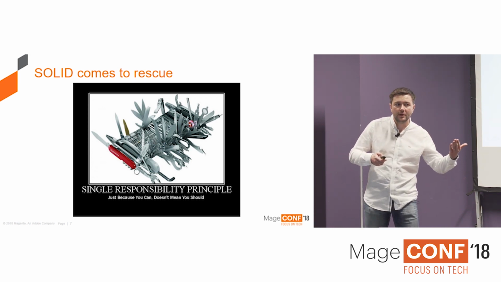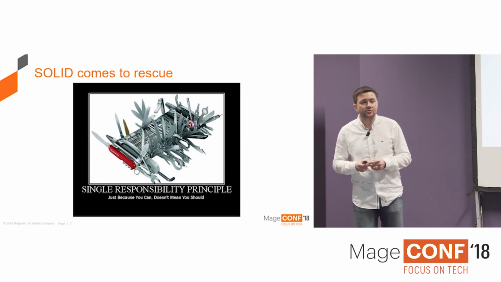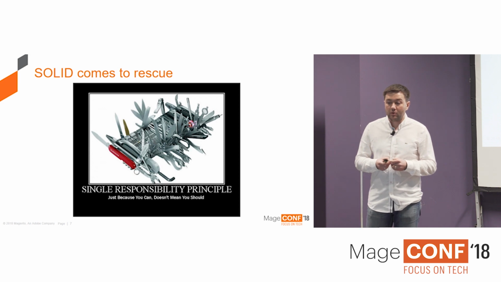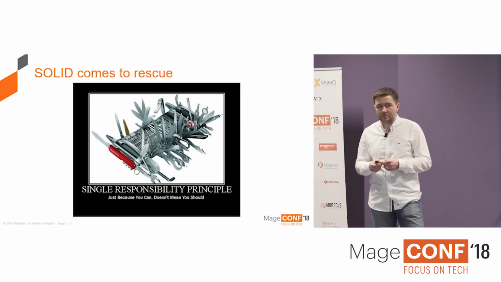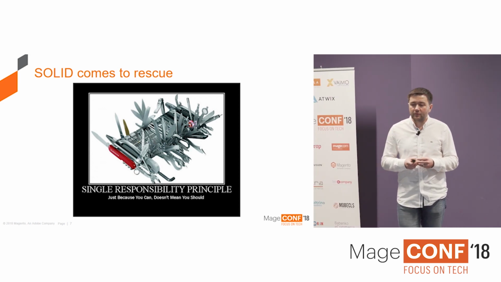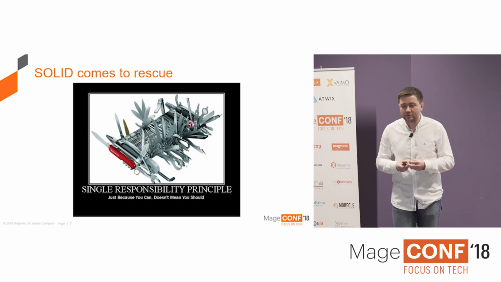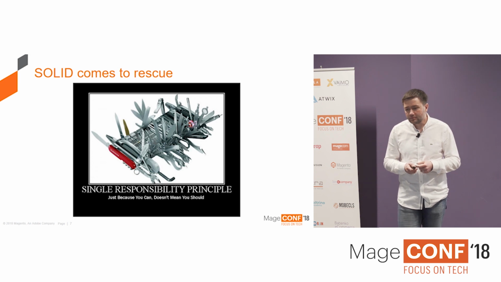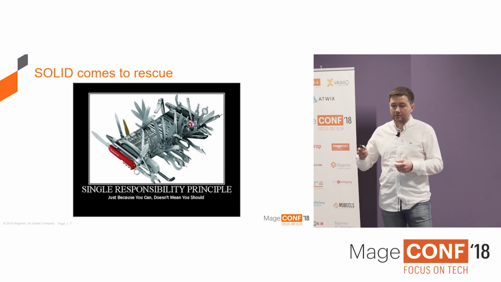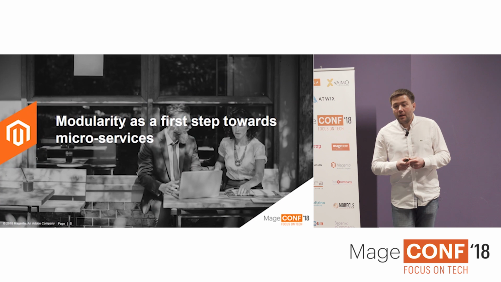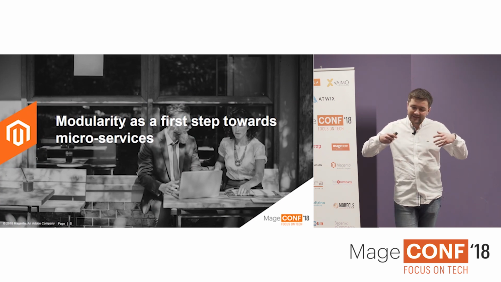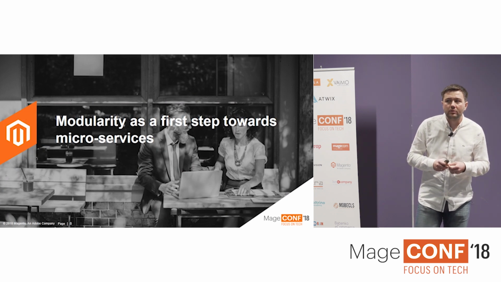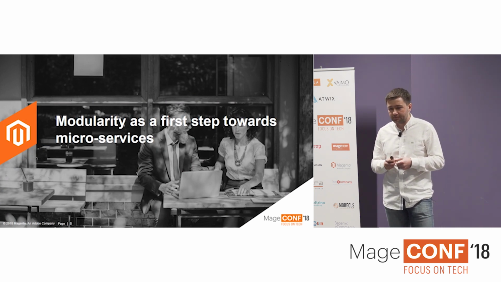And after that, we decided to apply it from the class level to the architecture level. So we decided to apply CQRS, the command query responsibility segregation, to the whole architecture, but not on the level of one class. Changing the way we write the code, changing the way we group the code on a modular basis.